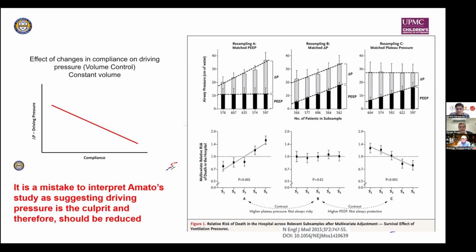But if you match for driving pressure, but the PEEP is increased, there was no change in mortality. But if the plateau pressure was kept constant, but you have an increase in PEEP that resulted in a decrease in driving pressure, that resulted in a decrease in mortality or increased survival.